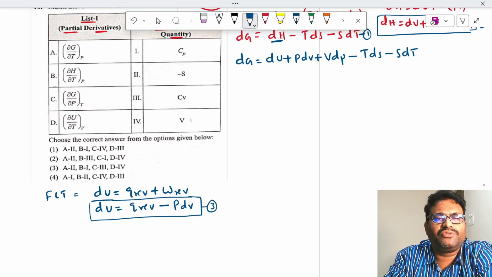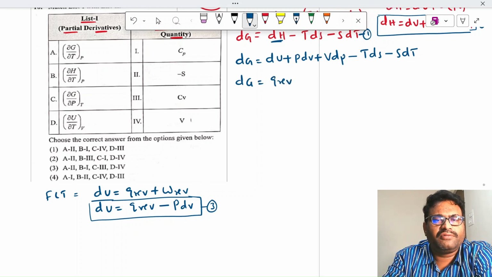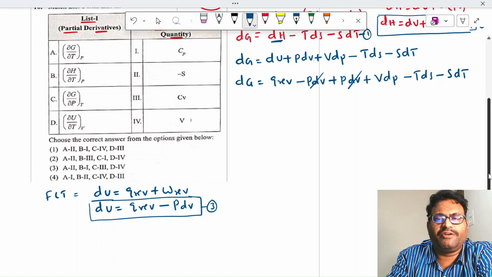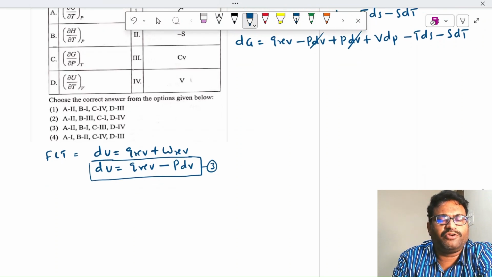Under dU, I substitute this, then I get dG is equal to q reversible minus PdV plus PdV plus VdP minus TdS minus S into dT. So minus PdV plus PdV gets cancelled. And we have studied from entropy that dS is equal to q reversible by T.